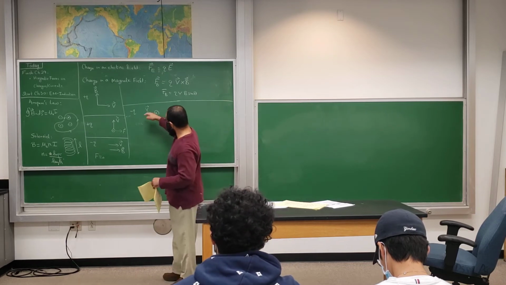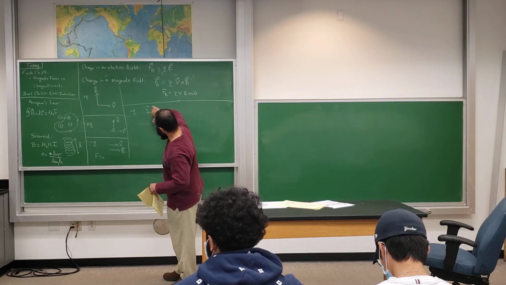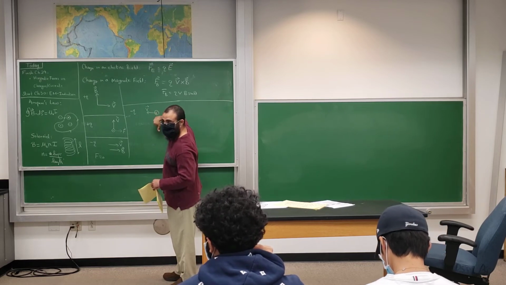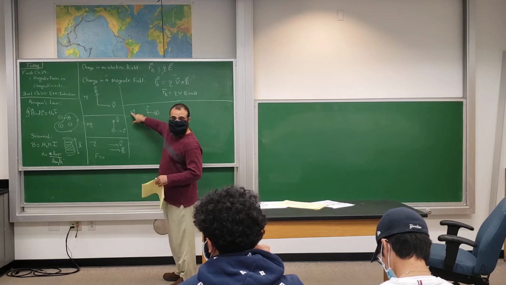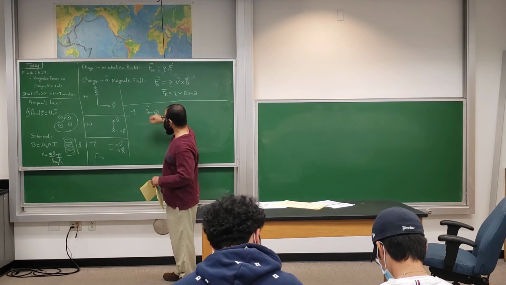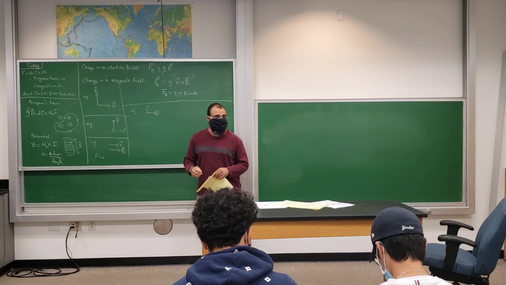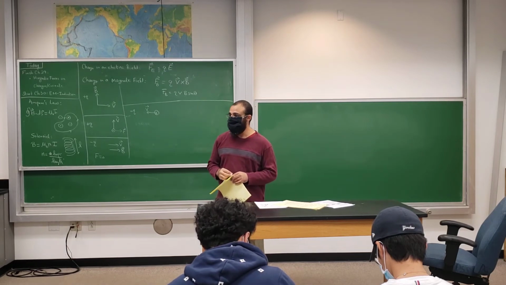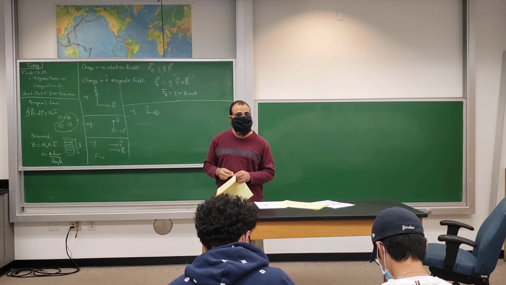The velocity is this way, the magnetic field is that way. So curl your fingers from V to B. That gives you down. But the negative charge flips that vector and makes it go up. So the magnetic force is upward. Any questions? Is this clear?